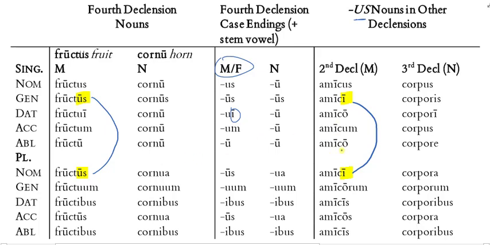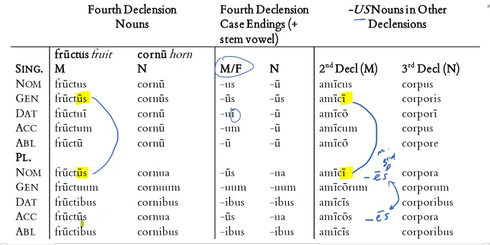Now I also want to point out that for third declension masculine nouns, if you remember, we have -es for nominative plural, and for accusative plural, it's also -es, right? Remember that? And so the nominative masculine and feminine plural and the accusative masculine and feminine plural in third declension are identical to each other.